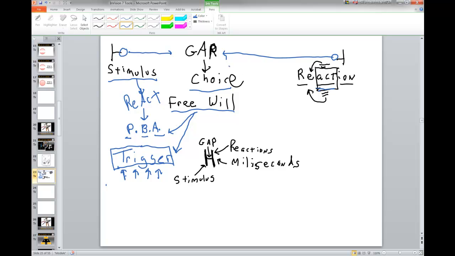What's in the gap is time. If we can get more time, if we can spread stimulus and response away from each other, we buy ourselves time. In that time, we then have choice, which is a function of free will. And with that choice, I make a decision. I'm going to pause, I'm going to breathe, and I'm going to affirm.